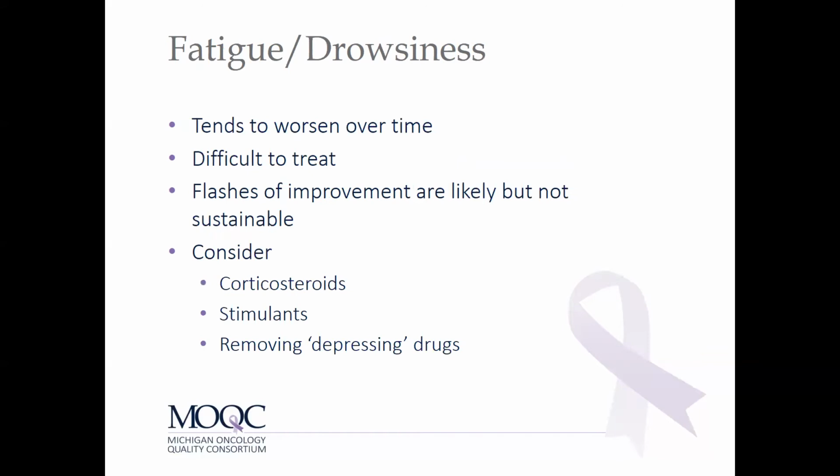Fatigue and drowsiness. So this is one of those symptoms that tends to worsen over time. It tends to be very difficult to improve or to treat to any sort of reasonable improvement. But what you need to tell patients, and in particular their families, is that they'll likely see flashes of improvement here where they're going to have a good day or a good couple of hours where that fatigue and drowsiness goes away.